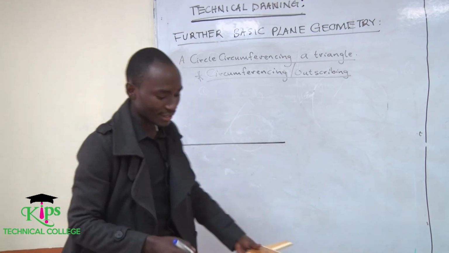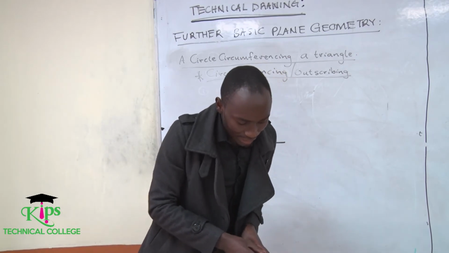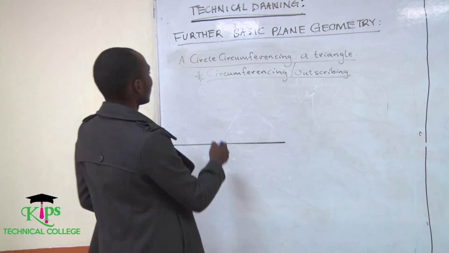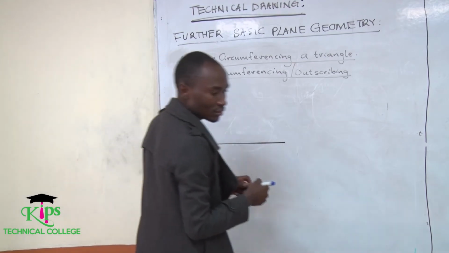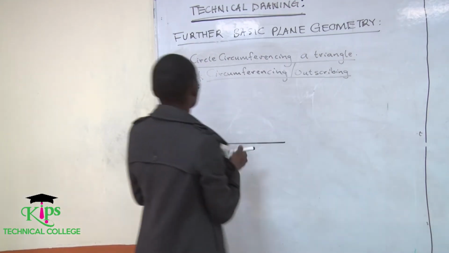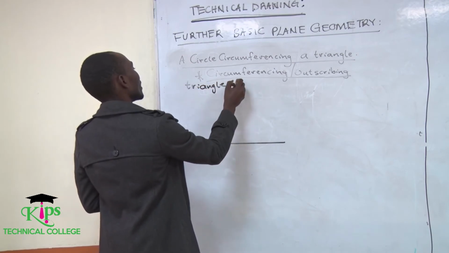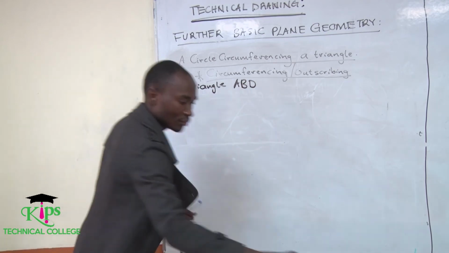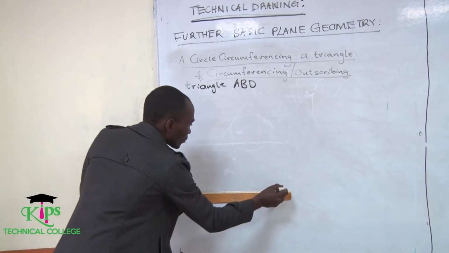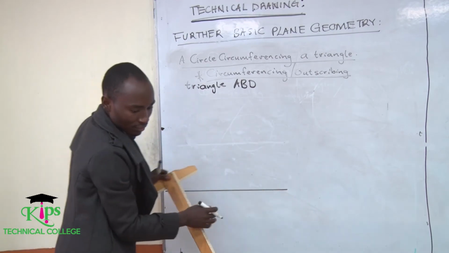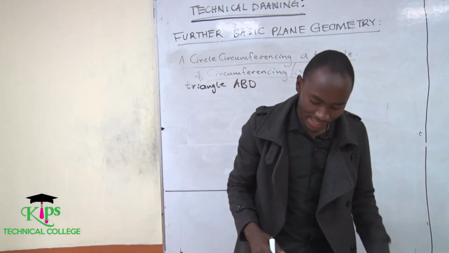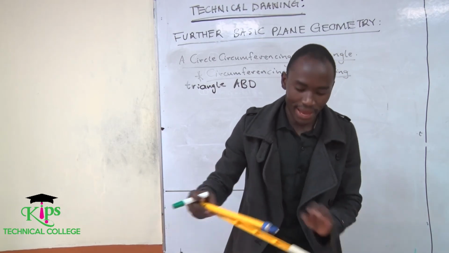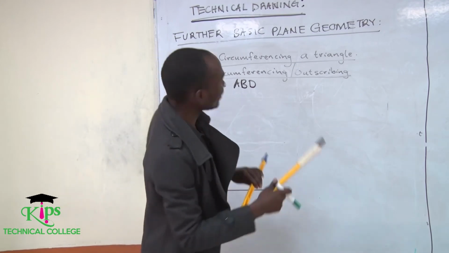So if that is my starting line, let's construct a triangle ABD, in which AB is 70 millimeters. So let's take AB to be 70 millimeters.